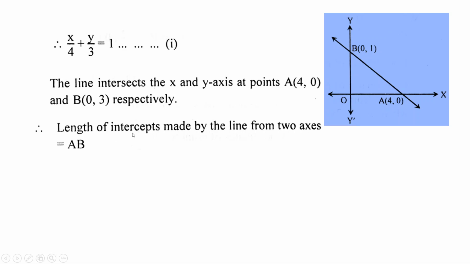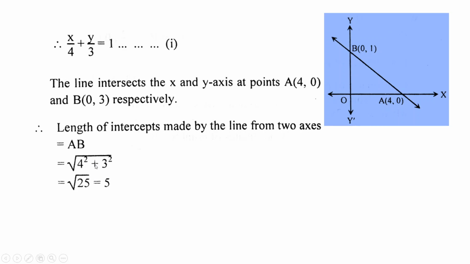So the length of the intercept made by the line between the two axes, AB, is root over (x minus x1) squared plus (y minus y1) squared. Following this formula, we get root over 4 squared plus 3 squared. 4 squared is 16, plus 3 squared, that means 9.